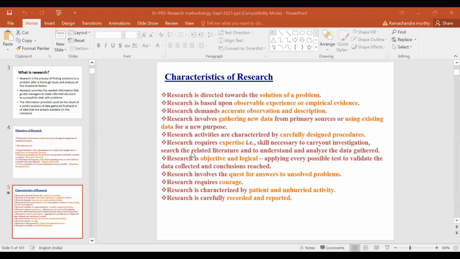At the same time, it is characterized by different types of activities. Carefully, each and everything you have to record and report, even the time, temperature and date. We give one data sheet to all scholars: M.Tech, B.Tech, PhD and postdoc scholars. They have to record daily where they went, what they did, even the time including seconds.